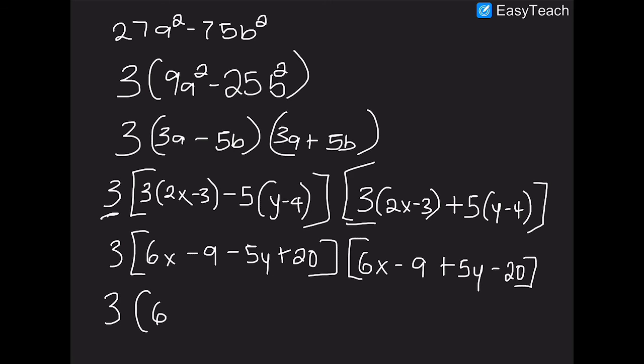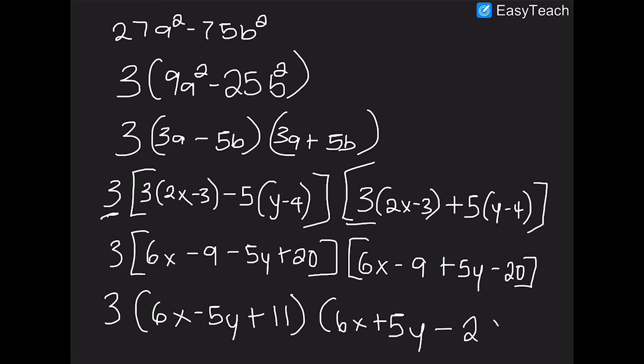Here we're going to still have 6x minus 5y, but we're going to end up with a plus 11. Then for the next one, again collecting the like terms, 6x plus 5y, but this time we're going to have a minus 29. And now, this is our final answer.